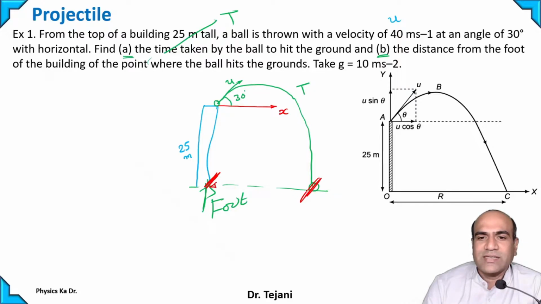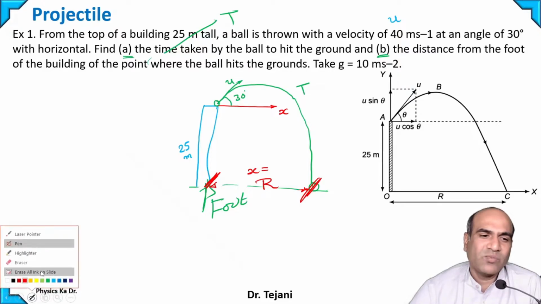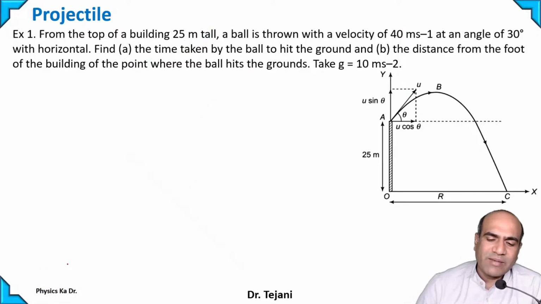We need to find this distance, which we call the range, or you can also call it the x distance traveled, whatever you wish. Here take g equal to 10 meters per second squared. Mostly in JEE and NEET examinations, you can take g equal to 10 by default.